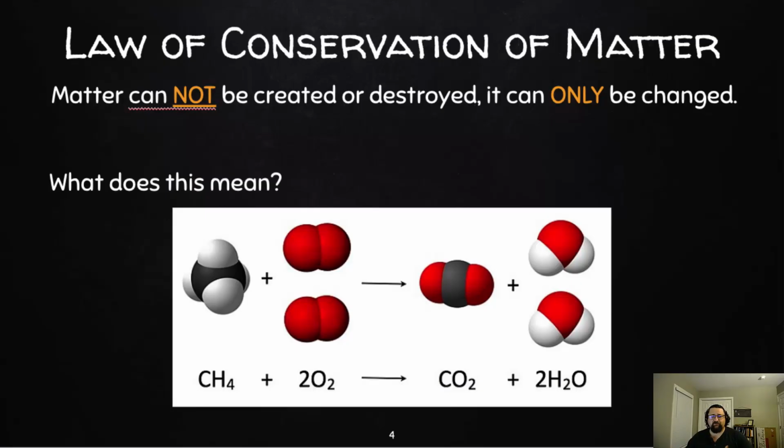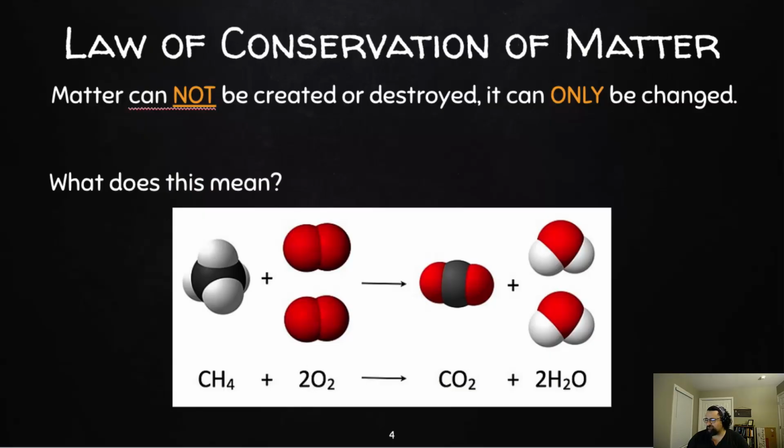The same is true of a chemical reaction. If you put in a certain number of an atom, in this case, let's look at oxygen, the red ones here, you're putting in 1, 2, 3, 4 oxygens. When that reaction takes place, 4 oxygens have to come out. 1, 2, 3, 4. In order to show this, we balance the equation.